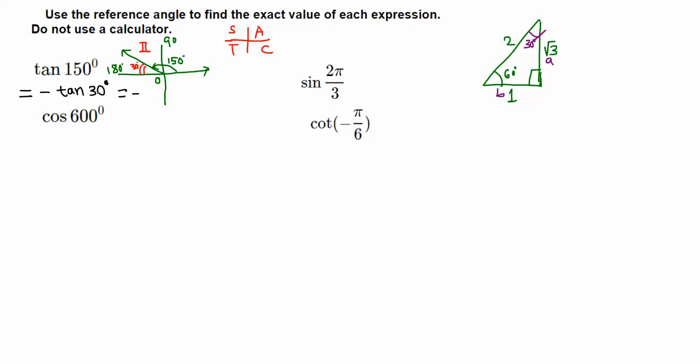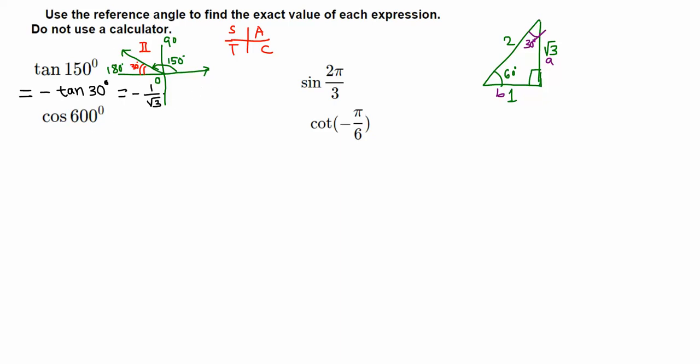And tangent of 30, tangent is b over a, that's 1 over root 3. So negative is due to the position, negative 1 over root 3. We don't have to rationalize, so tangent 150 degrees is equal to negative 1 over root 3. If you'd like to rationalize, multiply top and bottom by root 3 over root 3. That makes negative root 3 over 3.